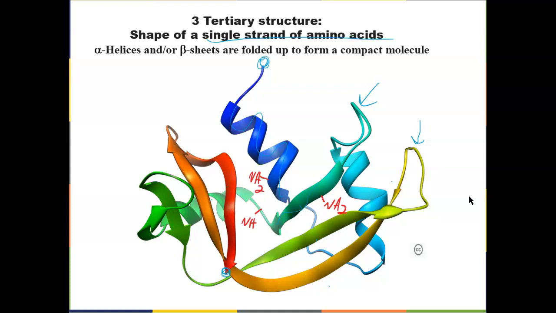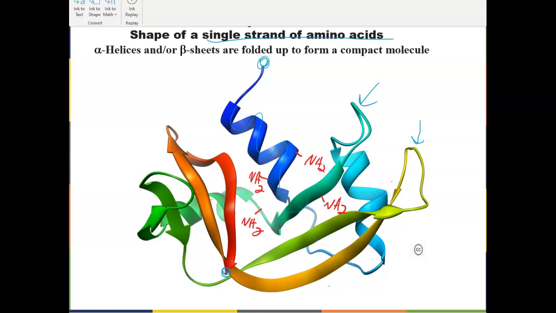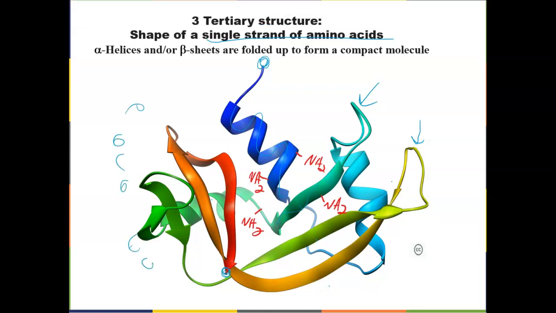So on a protein with that amino acid, the NH2 groups are all going to be in the middle, right? Because the water molecules are all out here. And the water molecules need somebody to hydrogen bond with. And NH2 can't hydrogen bond, so they all get stuck towards the middle.